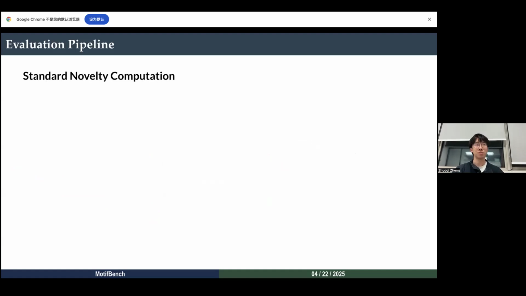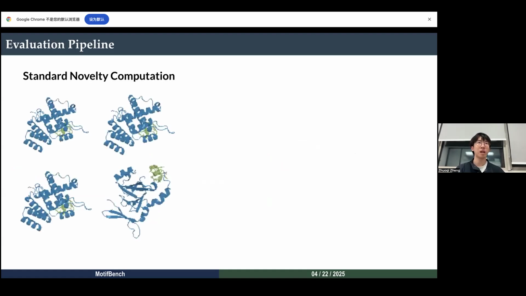So here I want to mention some differences between our evaluation pipeline compared with most of the previous evaluations. So the first difference lies in the computation of novelty.